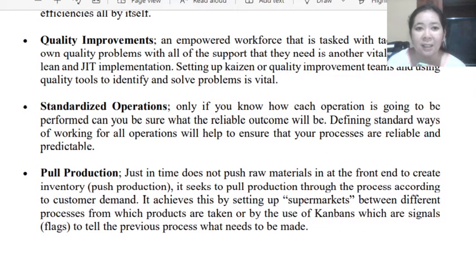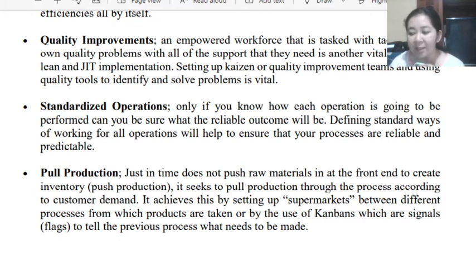Another is there should be a standardized operation. Only if you know how each operation is going to be performed can you be sure what the reliable outcome will be. Of course, defining standard ways of working for all operations will help the entity to ensure that their processes are reliable and predictable.